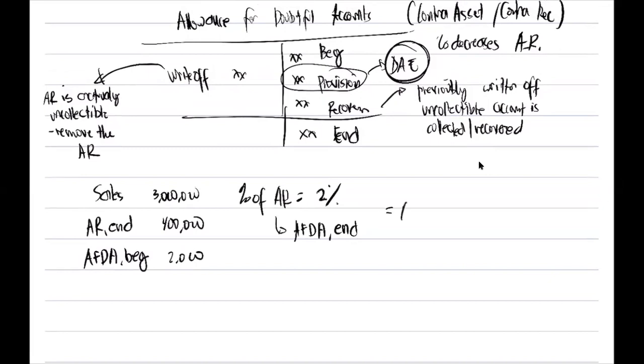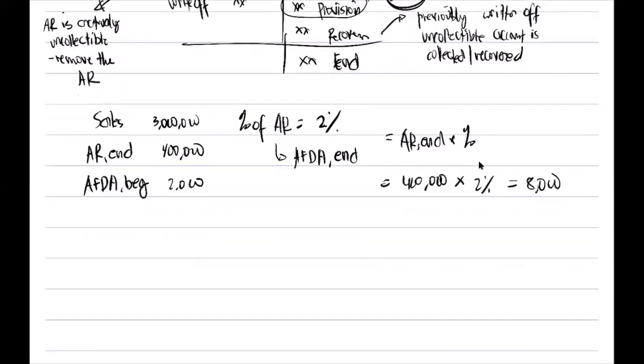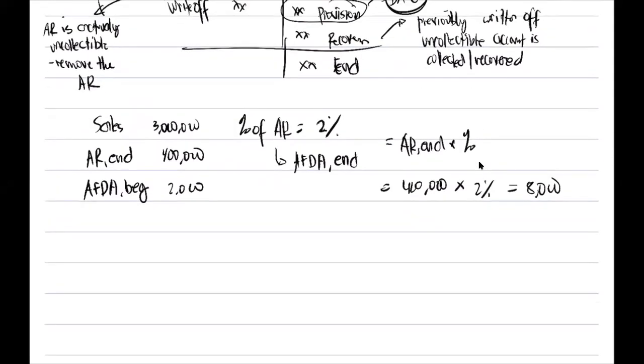This is equal to your AR balance end multiplied by the percentage. So our AR end is 400,000 and our percentage of AR is 2%. So we will get 8,000. Take note, pagka percentage of AR, ang makukuha mo ay ito yung ending balance.